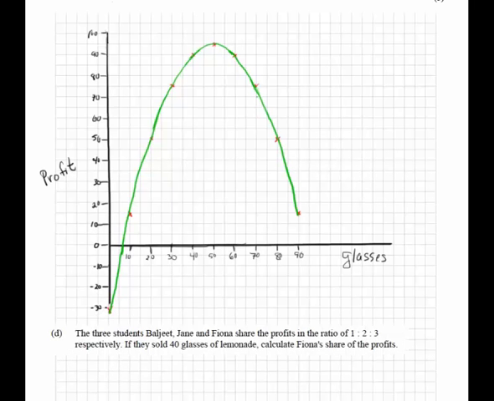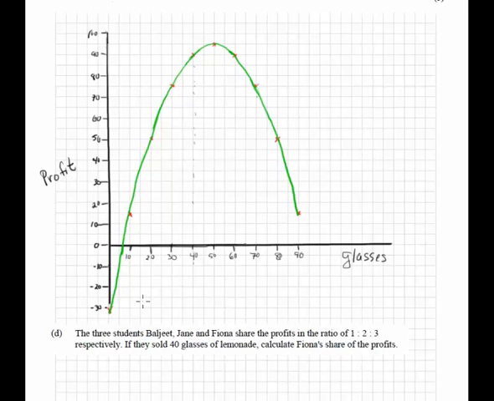And finally, part D, the 3 students, Brigitte, Jane, and Fiona, share the profits in a ratio of 1, 2 to 3. If they sold 40 glasses of lemonade, calculate Fiona's share. So 40 glasses, if they sold 40 glasses, gotta go down here to 40, and just kind of keep track. It's up here at 90.